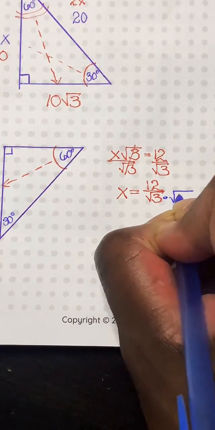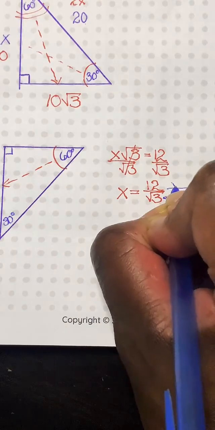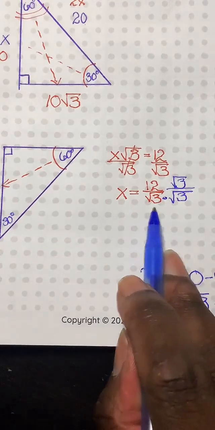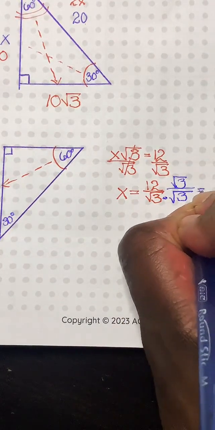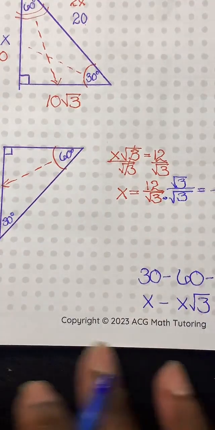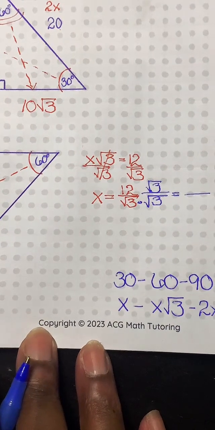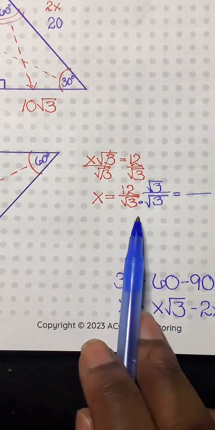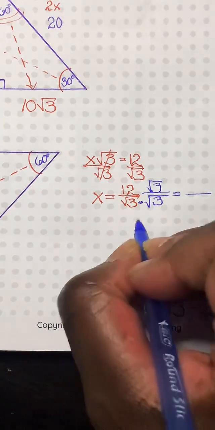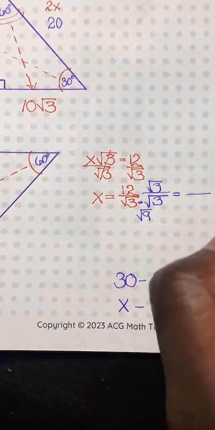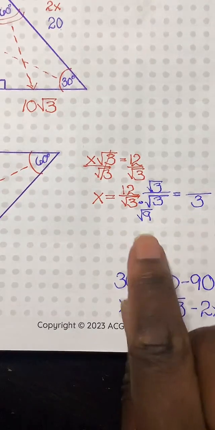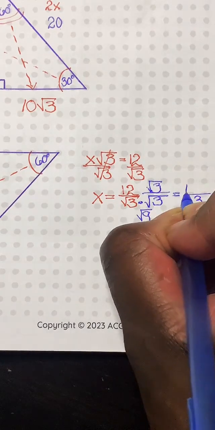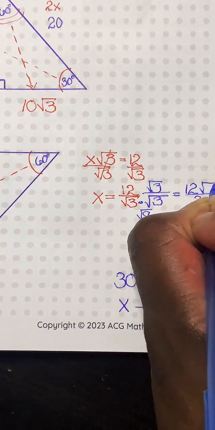So we have the square root of 3 over the square root of 3. Square root of 3 times the square root of 3, what would that give me? It will give us 3. Good. I know a lot of people would say square root of 9, which is true, but the square root of 9 gives us the whole number 3 because it's a perfect square. Now in your numerator, you're going to have 12 square root of 3.